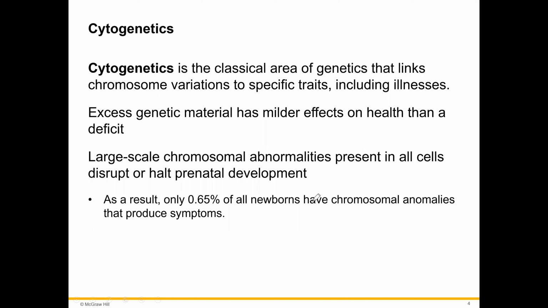Humans have 23 pairs of chromosomes. You get 23 from one parent and 23 from the other parent. 23 pairs is 46. So sometimes we might have more than 46 chromosomes.